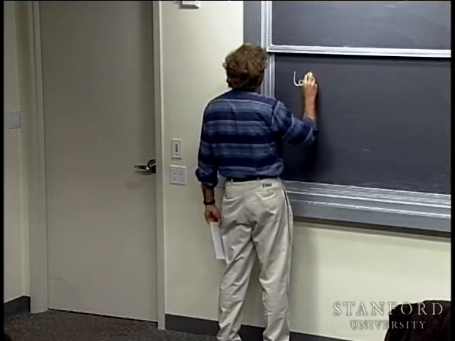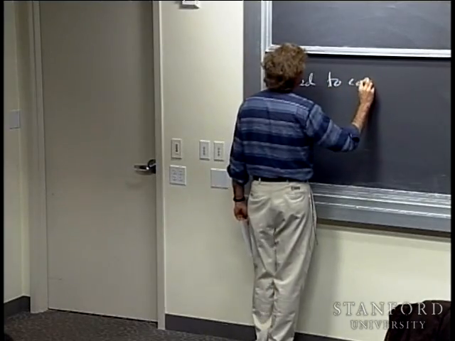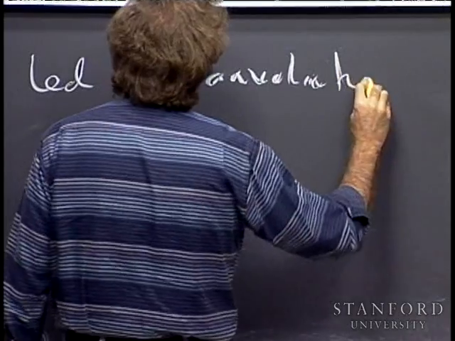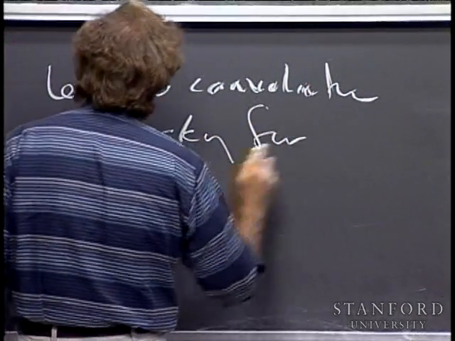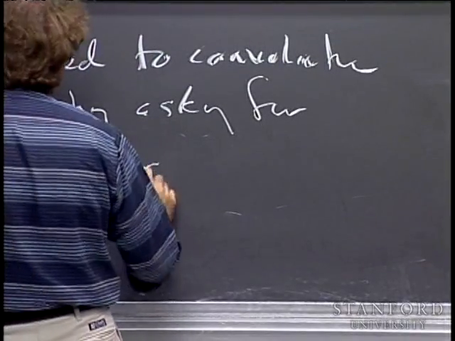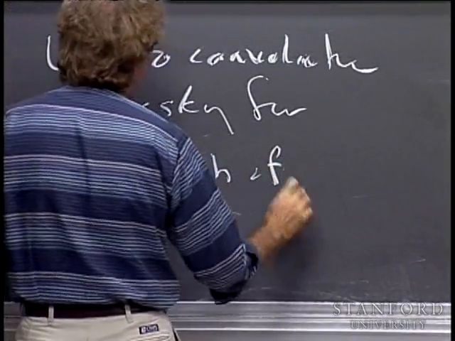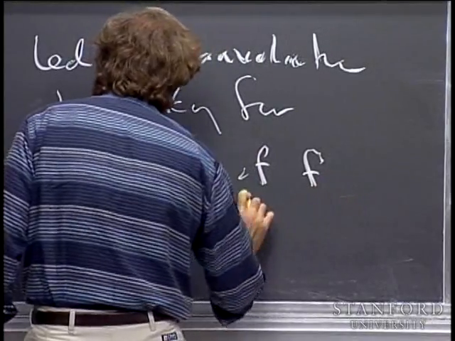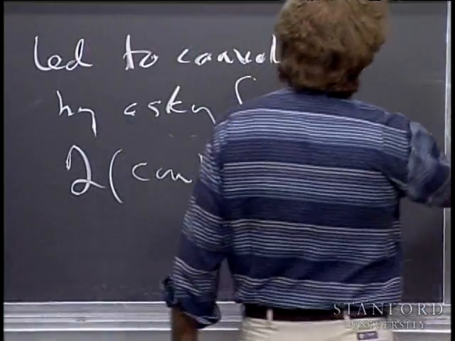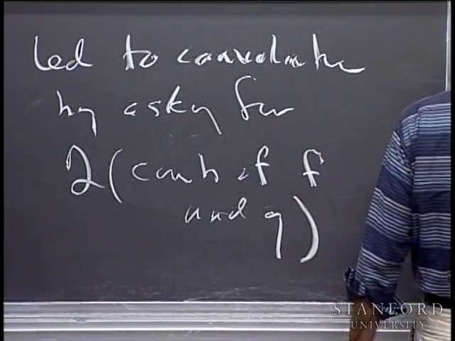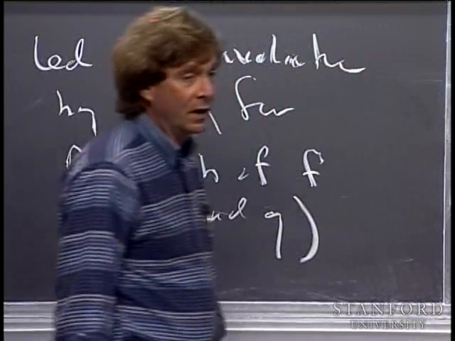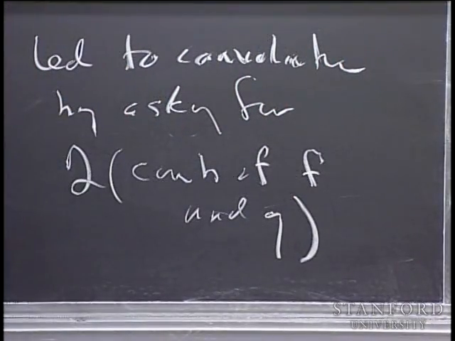You're led to convolution by asking for a combination of f and g whose Fourier transform is the product of the Fourier transforms, the Fourier transform of f times the Fourier transform of g. And what we found was that the combination was certainly not obvious, but actually quite compactly written.